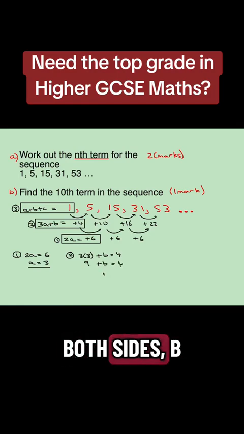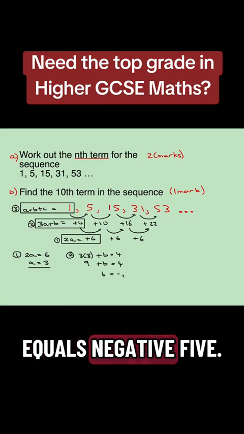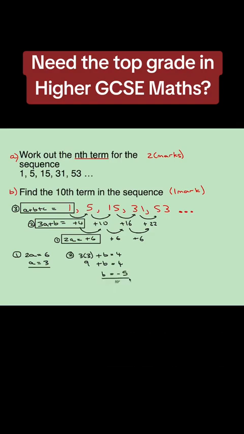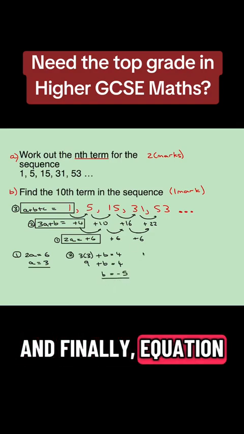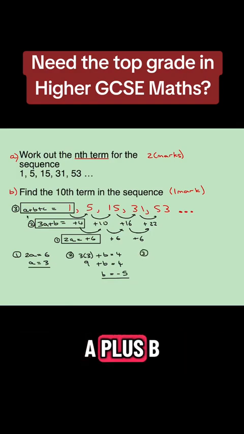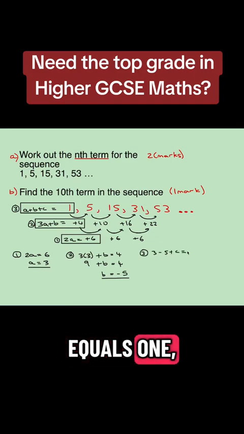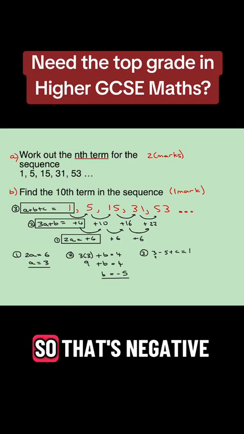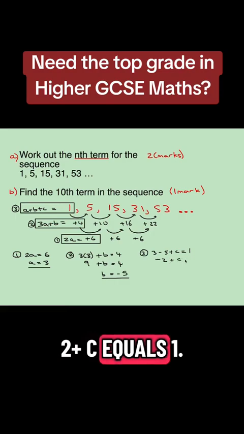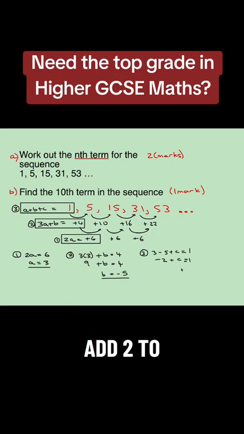Take 9 from both sides, b equals -5. And finally, equation 3, a plus b plus c. So we've got 3 plus -5 plus c equals 1. So that's -2 plus c equals 1. Add 2 to both sides, c equals 3.